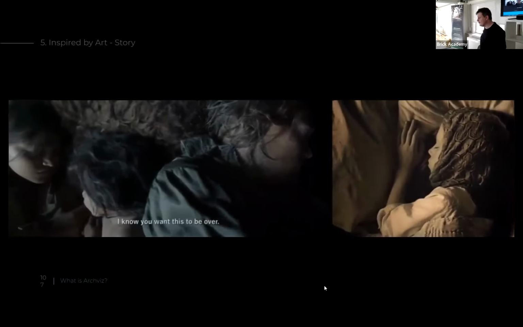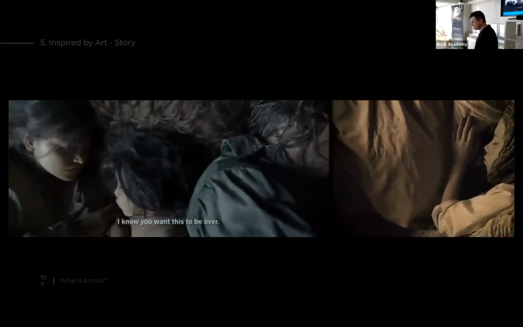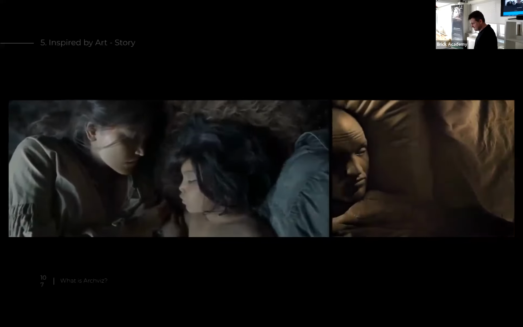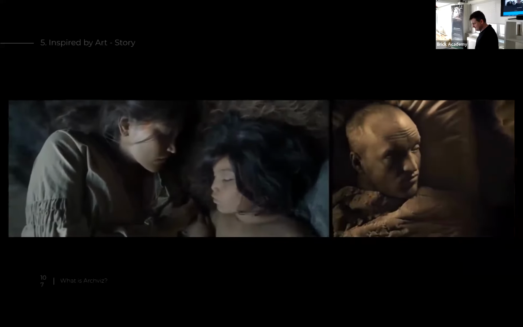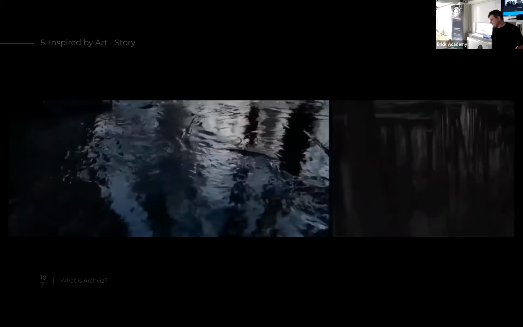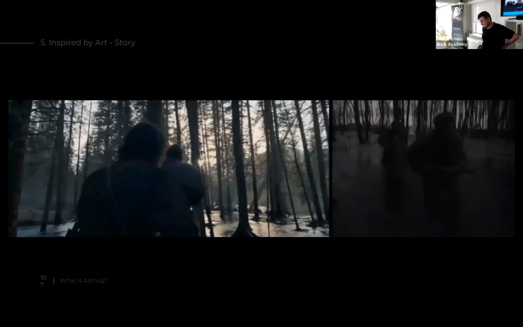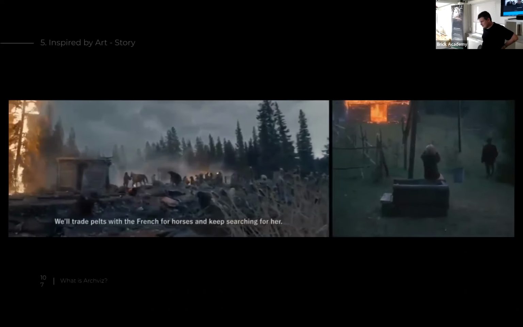Camera movement, composition. The same. Story and composition again. Color palette.